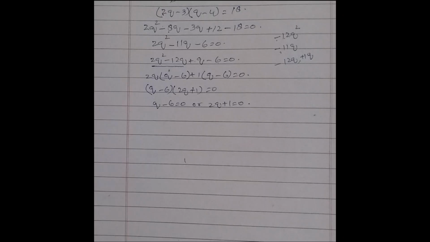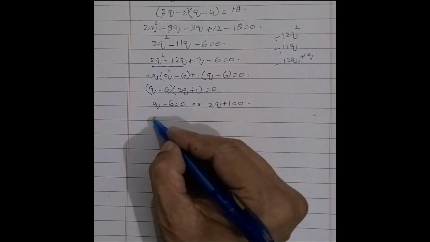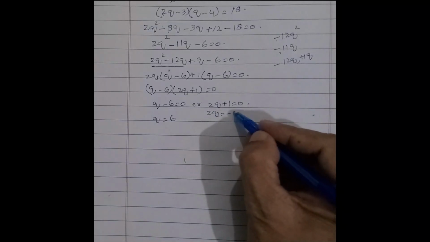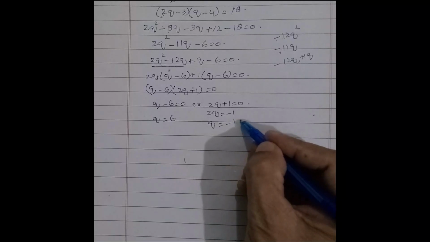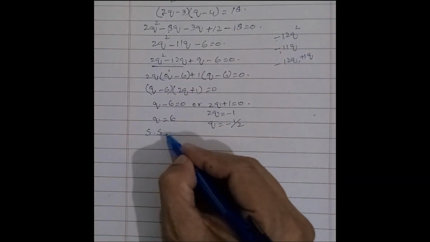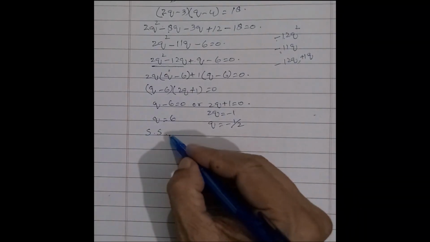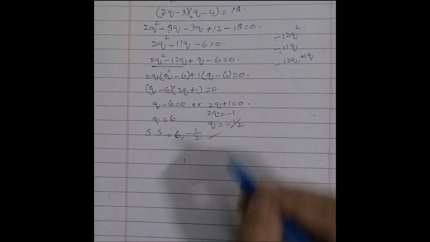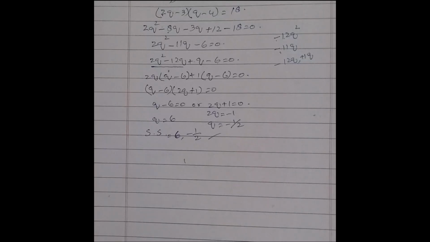In this way we find the value of q, which is q is equal to 6, and the second value of q is equal to minus 1/2. Hence the solution set of a part of question 15 is 6 and minus 1/2, is the answer of the question.